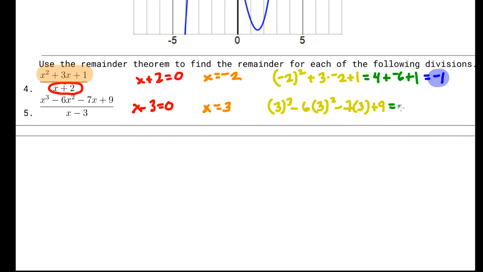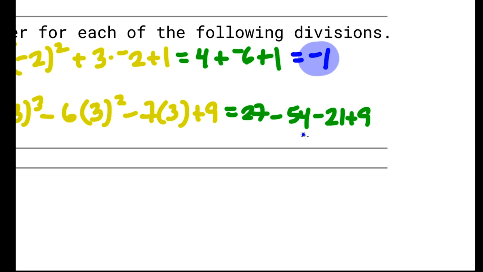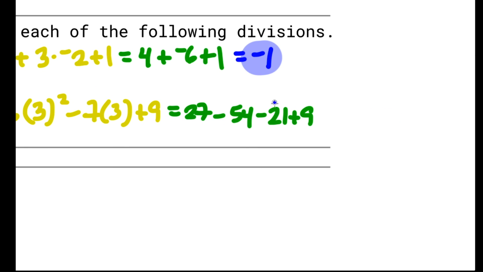This is going to be equal to 27 minus 54 minus 21 plus 9. Let's see here. This is going to be -12, and then this is going to cancel out to be 15. 15 minus 54 is going to be -39, and that will be your final answer for that one.